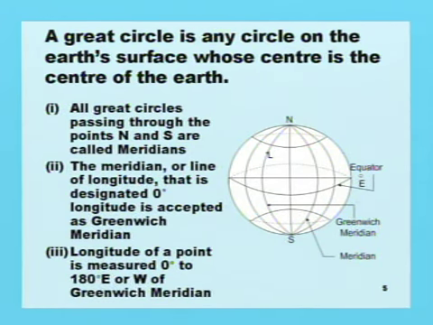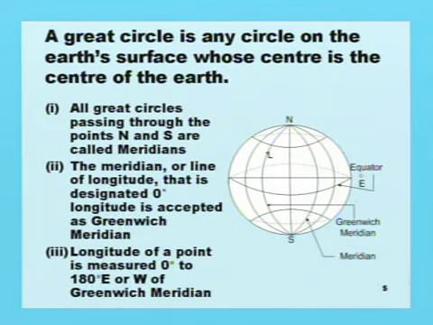The meridian, or line of longitude, that is designated 0 degree longitude, is accepted as Greenwich meridian. Longitude of a point is measured 0 degrees to 180 degrees east of the meridian of Greenwich, or 0 degrees to 180 degrees west of the Greenwich meridian.